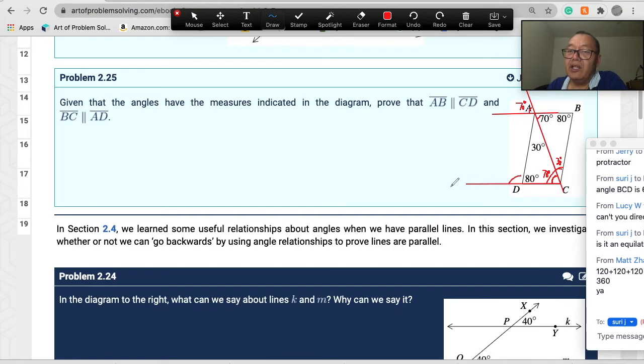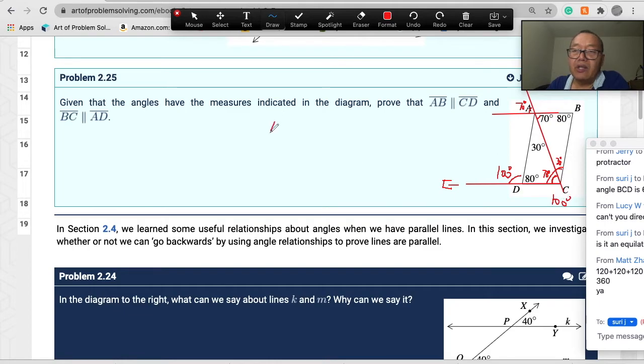Then CD forms a straight angle at point D. Suppose this one is E. This angle ADE will equal 100 degrees. Then this is 70 degrees plus 30 degrees, so we got this angle also equals 100 degrees.